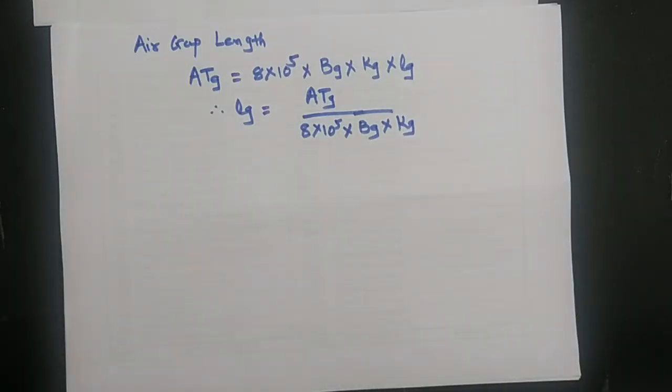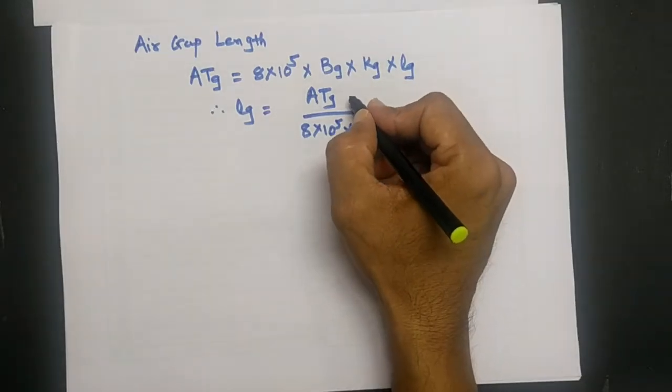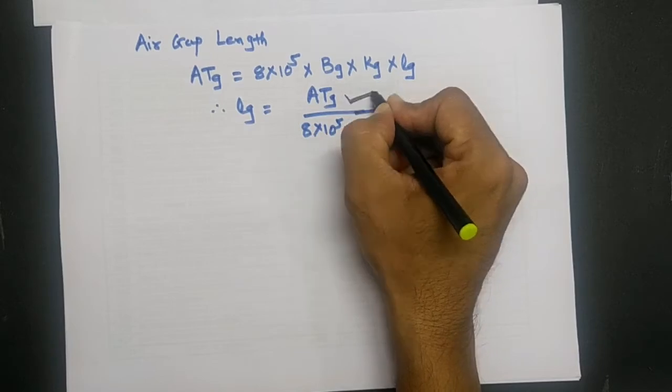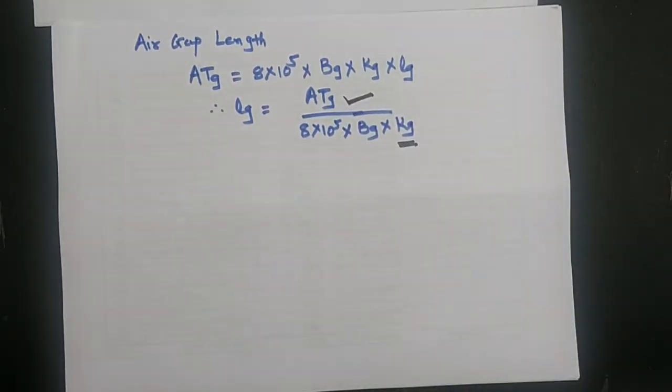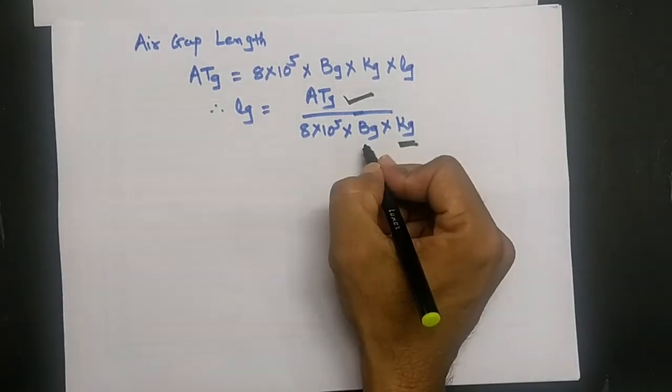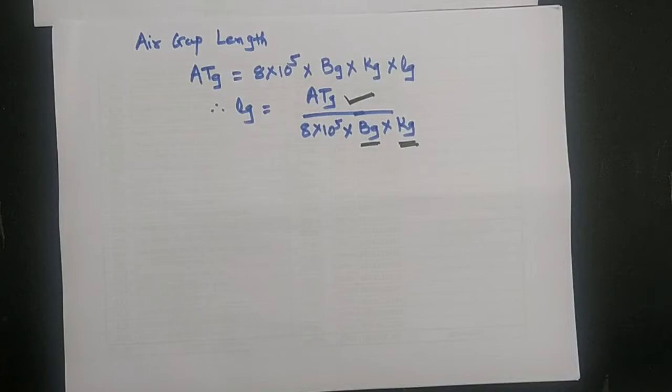Now let us see which data is available, and one by one we will find out the other data. The ampere turns for the gap we need to find out. Kg we have to assume. Bg, the gap flux density, we need to calculate.